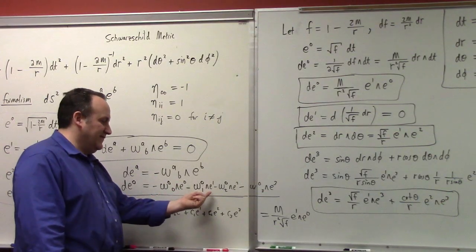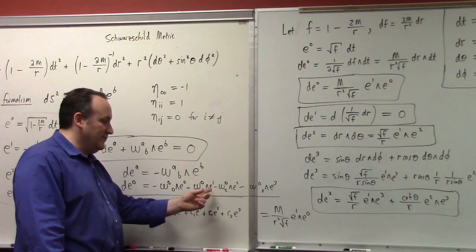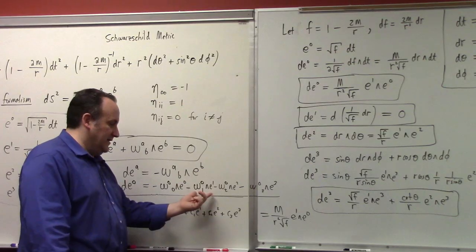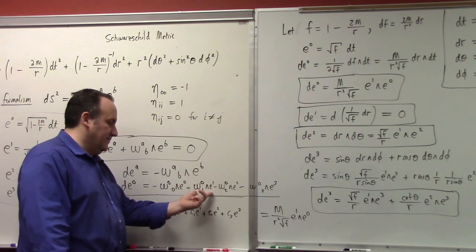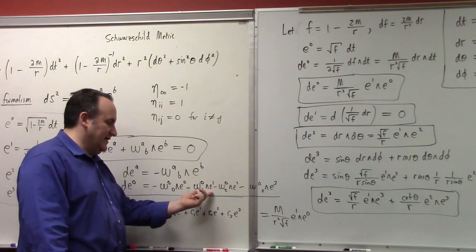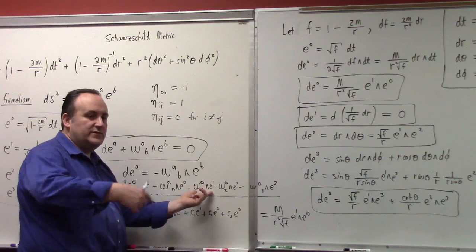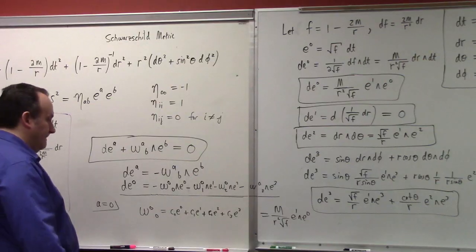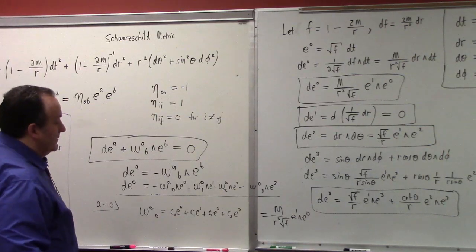This one only gives me information about omega 0,1 in the non-1 directions. Like this says something about the connection form, the 0,1 connection form, in the 0, 2, or 3 directions. And that's really not trivial because DE0 has to form E1 wedge 0.